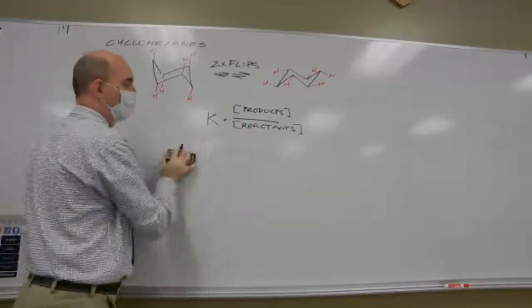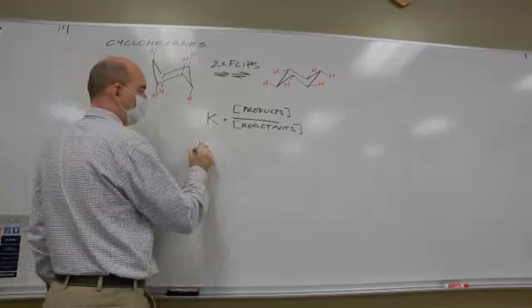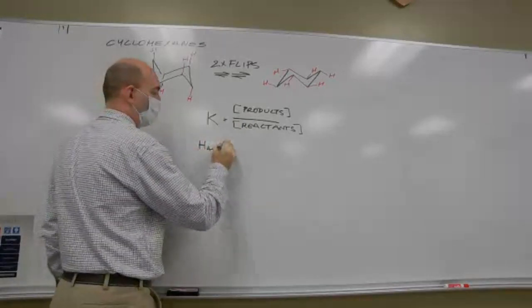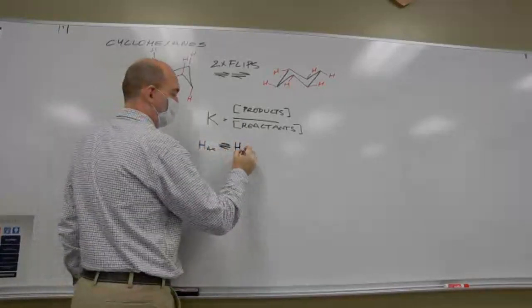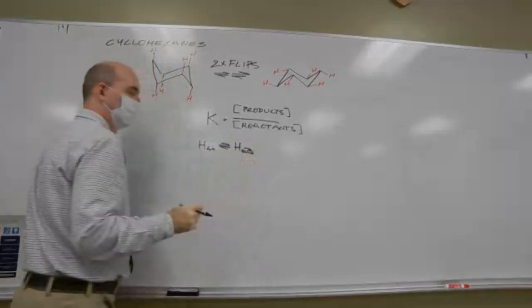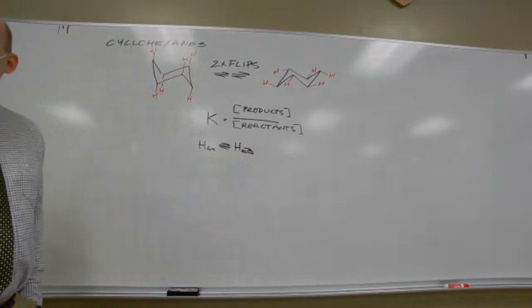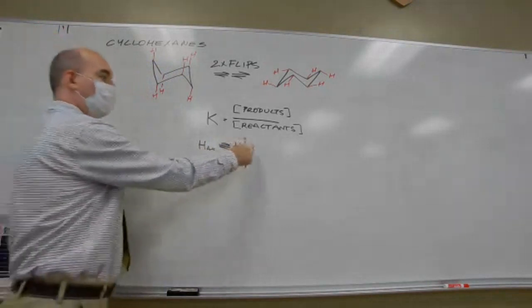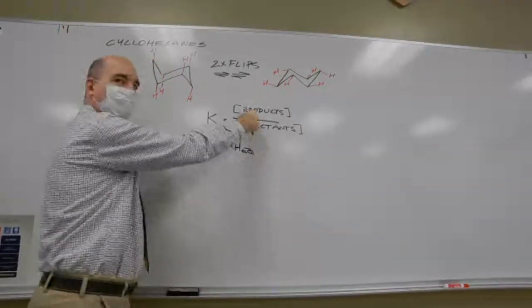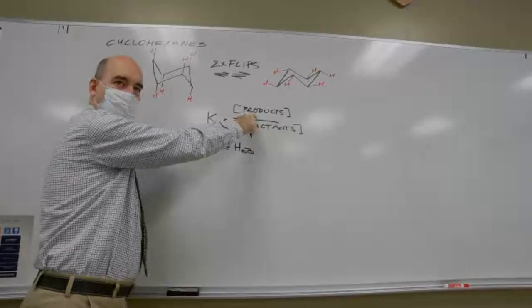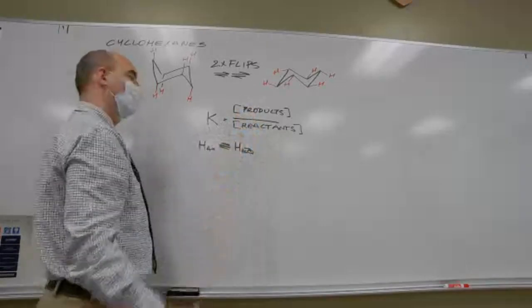I'm going to have my product be the equatorial. Axial positions turning into equatorial positions. So my equatorial position is the numerator in this equation, not the denominator.